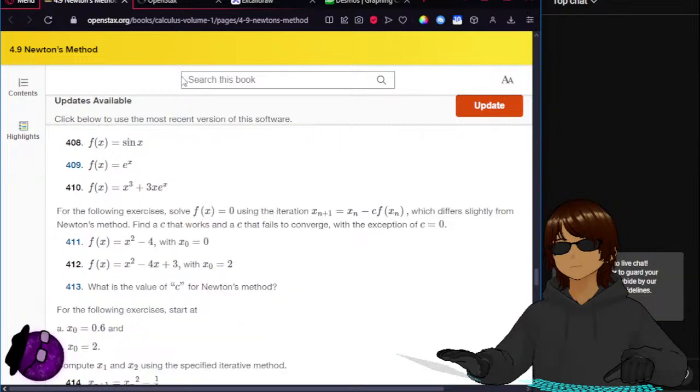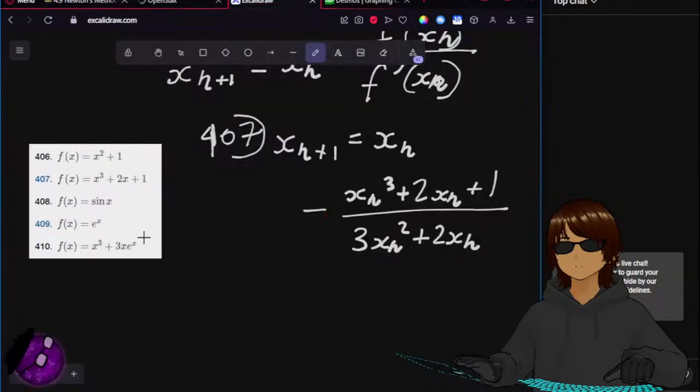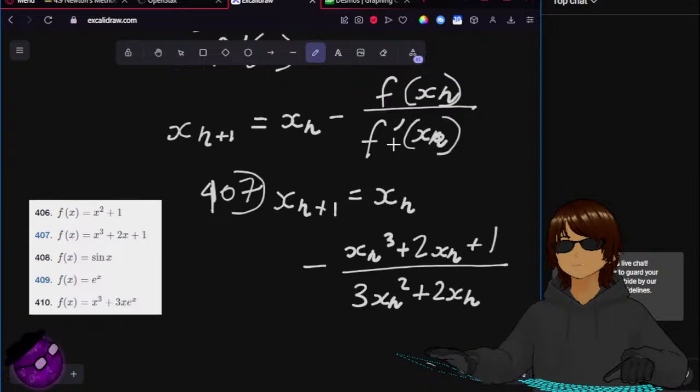E to the power of x. Since the derivative was the same, this and this would cancel out, right? So x_{n+1} would be equal to x_n minus 1, I think.